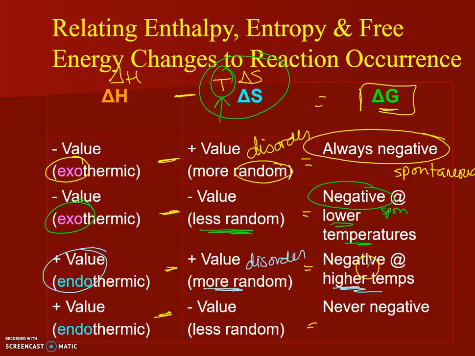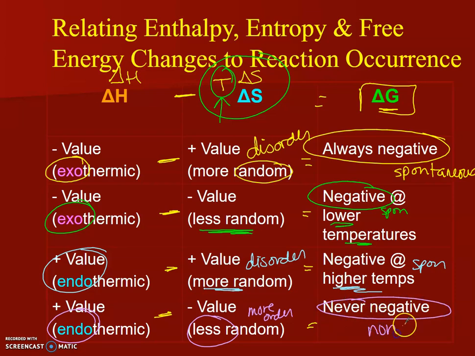If your temperature is high enough, yeah, then it'll be spontaneous. But if it's not going to be a high enough temperature, then there is no way, Jose, that that is going to happen. And then lastly, okay, if you have an endothermic value and it's less random, there is more order than disorder, then this will never, ever, ever be spontaneous. So this will not happen on its own and what we refer to as non-spon.